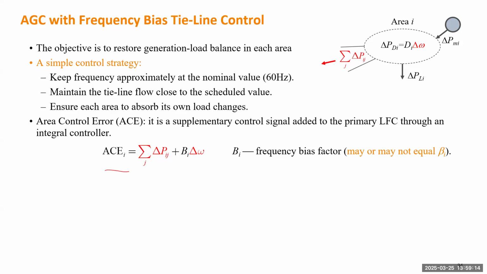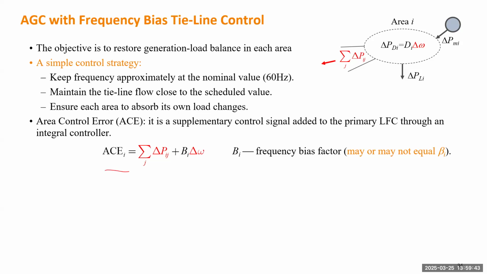We add the change of each tie-line connected to this area, and the total will tell how much total flow increases or decreases from this area to the neighbors. And the second item is the frequency deviation. We multiply by B to translate this value into power. We call this weight or coefficient the frequency bias factor.